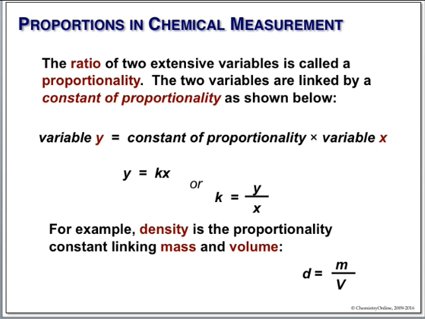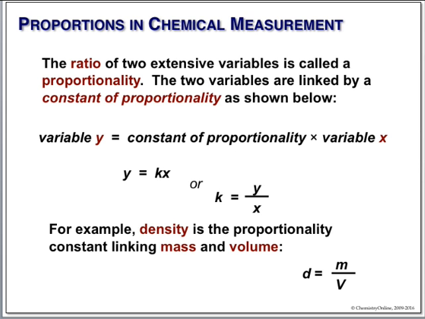So we show it this way. Y is equal to some constant times x. And that's always true. Now, quite often we're going to pull this constant out algebraically and say that this constant is simply the ratio, in this case of y to x. Now, we've done this before.